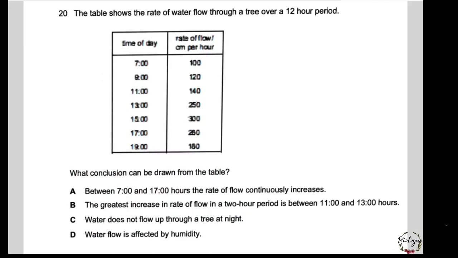Alright, let's go to the next question. Now, the table shows the rate of water flow through a tree over a 12-hour period. What conclusion can be drawn from the table? So obviously now this point and this point cannot be drawn because it's a very vague conclusion that they have stated, and we cannot really draw this conclusion from the data that has been given in the table. Now if we look at the A and B option, between 7 and 17 hours the rate of flow continuously increases.